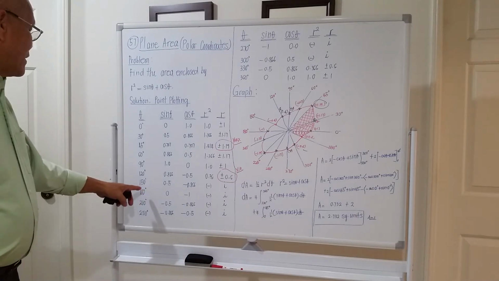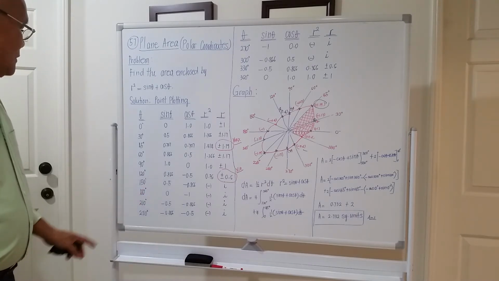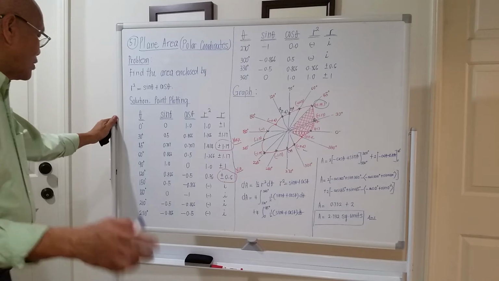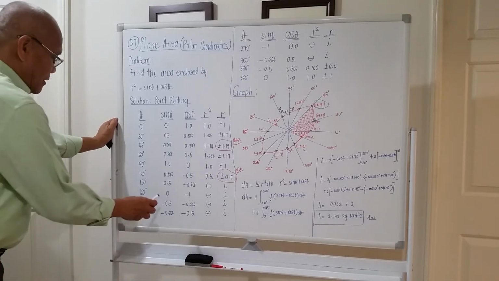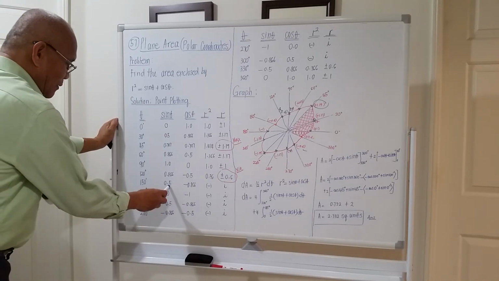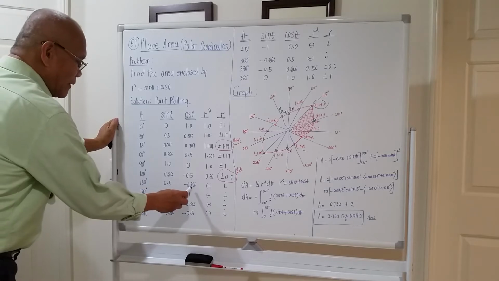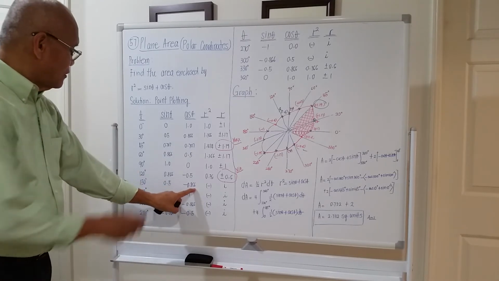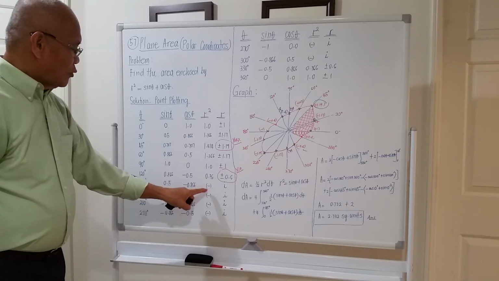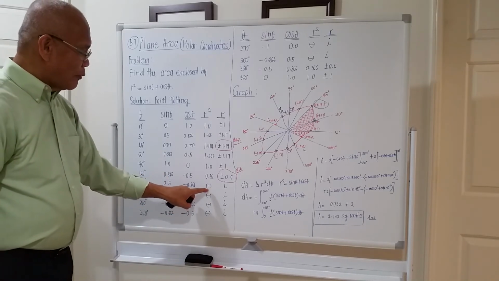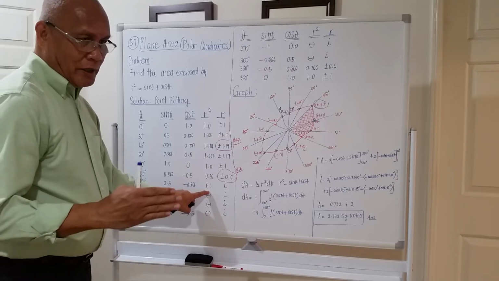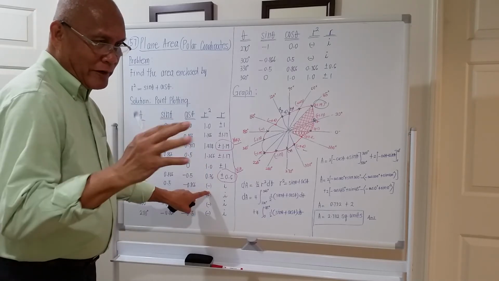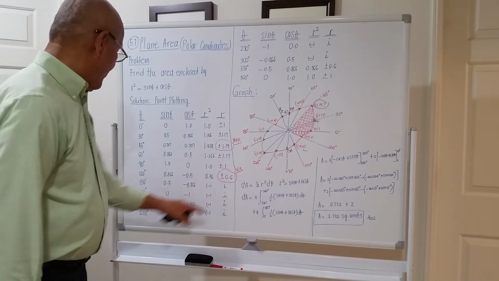Let's go to 150. At 150, you notice this one guys. Sine of 150 will be 0.5, cosine will be negative 0.866. The negative number is greater than the positive, so the value of r square will be negative, and we could not take the square root of a negative value, so it is imaginary.